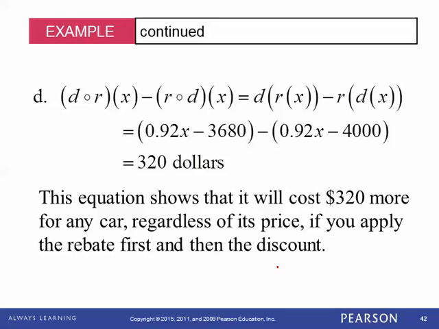Why so? Because if you apply the rebate first, you're taking the 8% of the rebate, in a sense, away, because you're applying that first, as opposed to if you did it later.